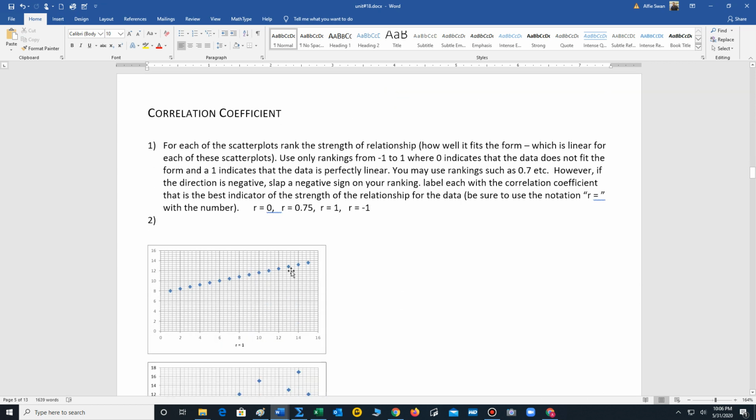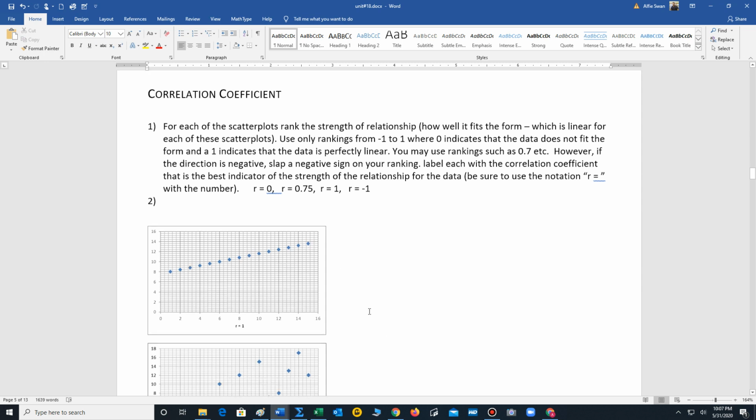Now, to measure that relationship between x and y, we have to compute what's called the correlation coefficient. And we will be using the sample correlation coefficient, which is denoted as r. So when r is 1, as we can see in this example here, we have a perfect linear relationship. All the points line up in a perfect pattern, and you form a linear pattern.